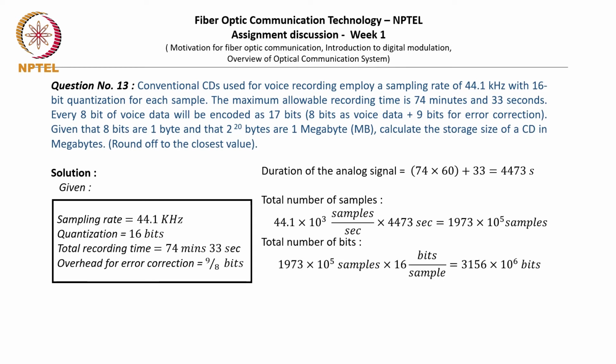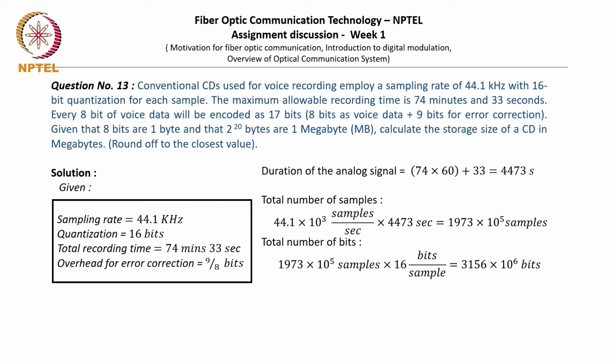We now know the total number of bits from here, because given to us is the quantization being 16 bits, which means every sample is going to be represented with 16 bits of digital data. So that is around 3156 into 10 to the power 6 bits.